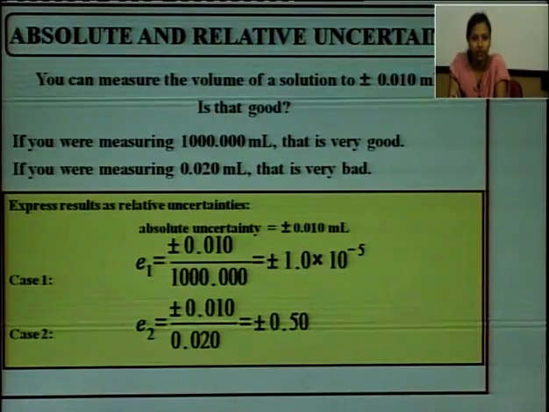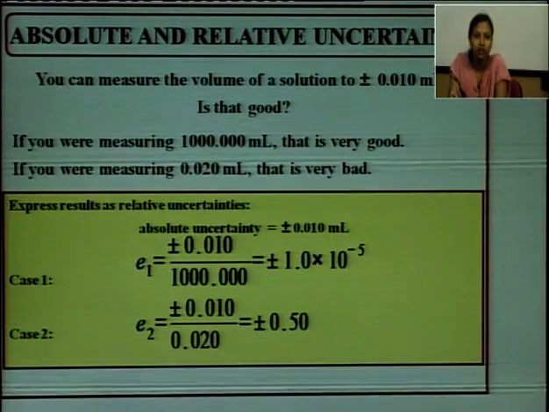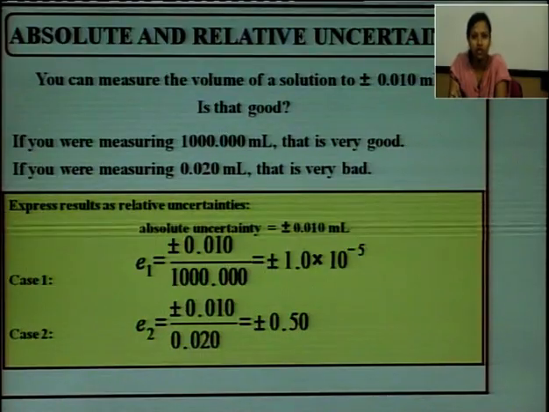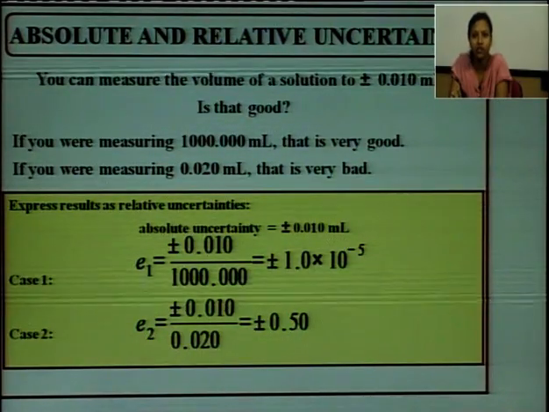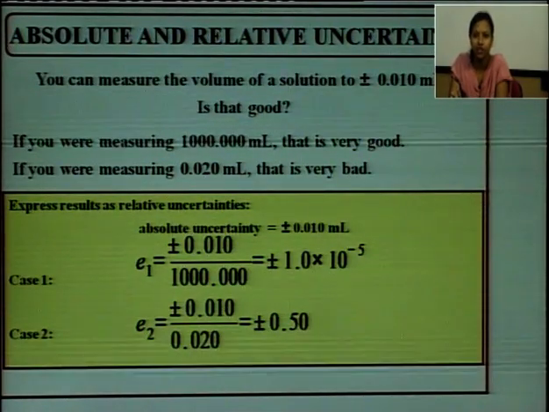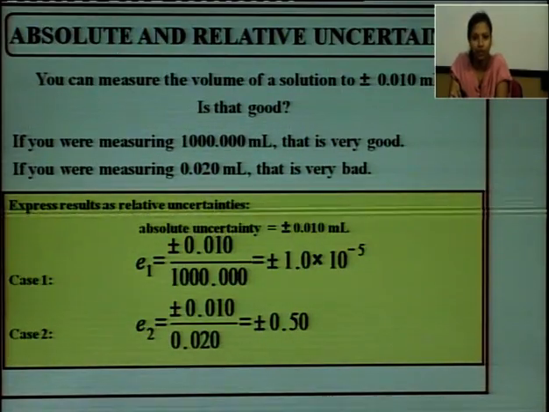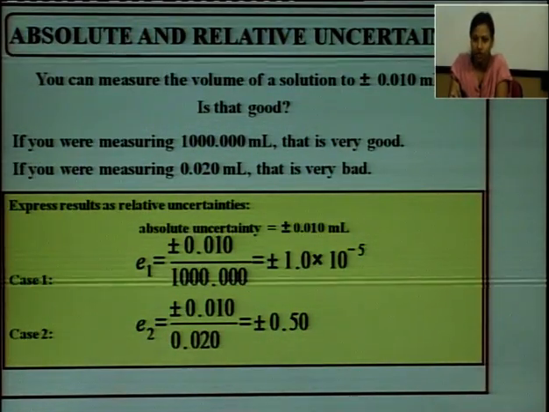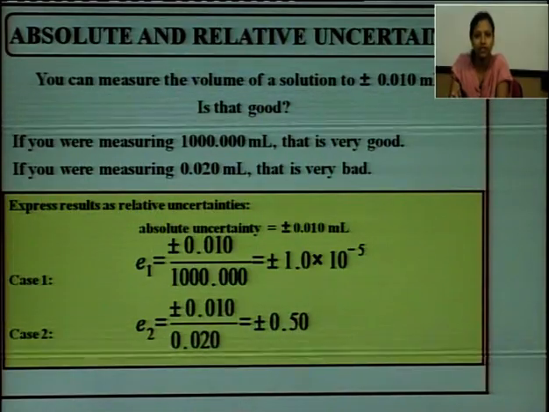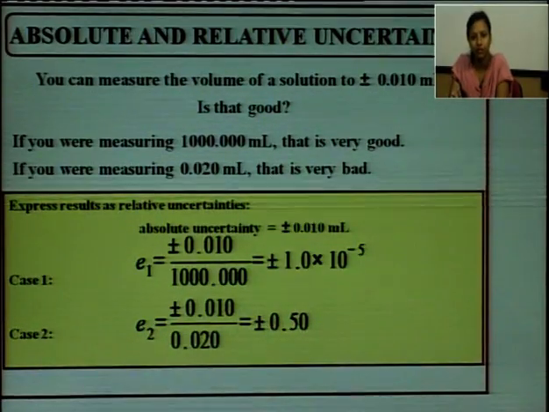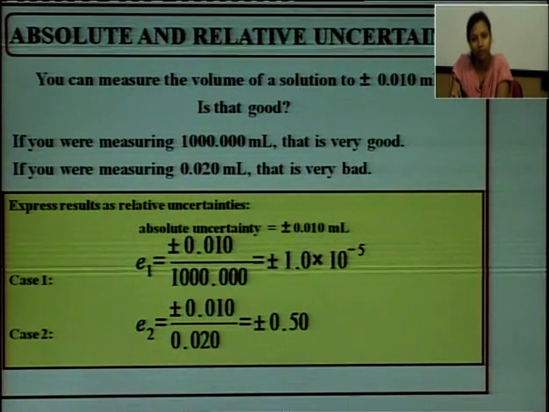Absolute and relative uncertainty. Suppose we can measure the volume of a solution to 0.010 ml. Is that good or not? It depends upon the central value. If the central value is more, then this is very good. If the central value is less, then this is very bad.